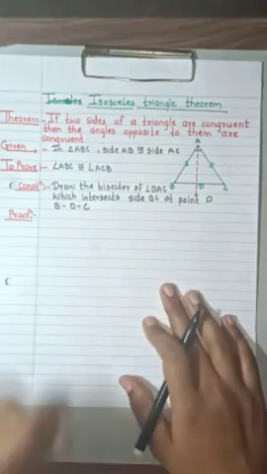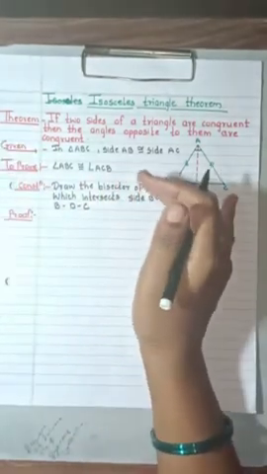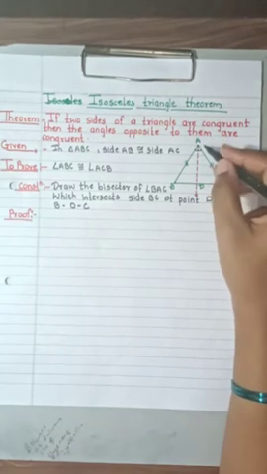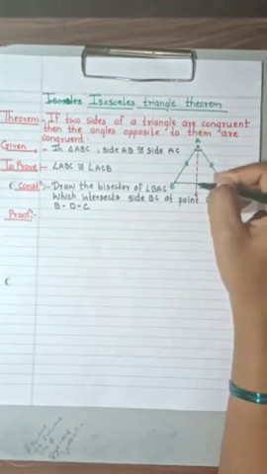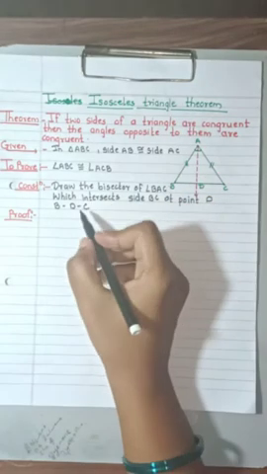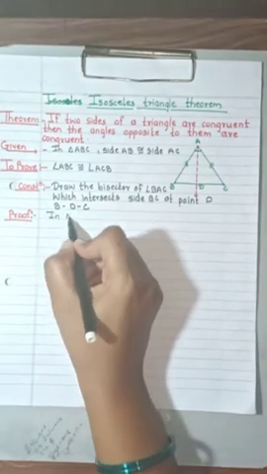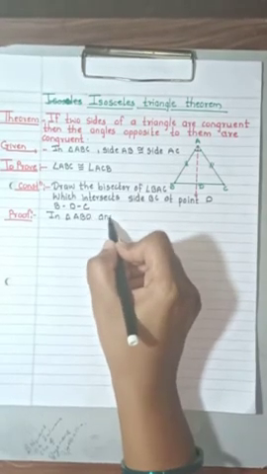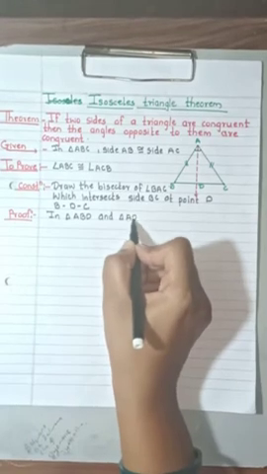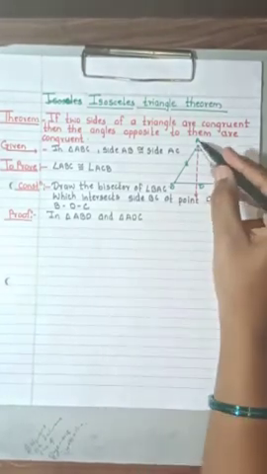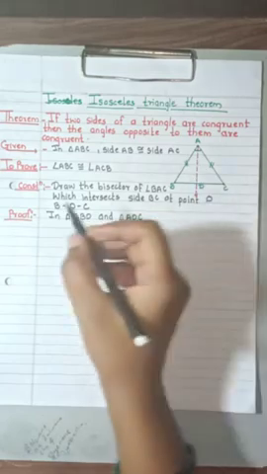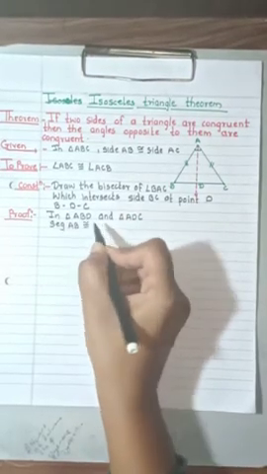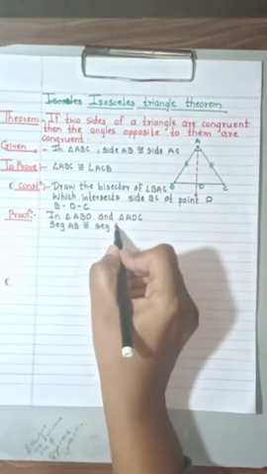Now children, let us move on towards the proof. As you have drawn this angle bisector, you get two triangles over here, one is ADB and the other one is ADC. Now let us write down here, in triangle ABD and triangle ADC, you can see seg AB is congruent to seg AC.